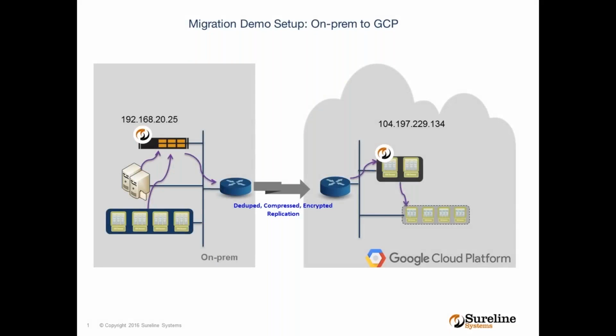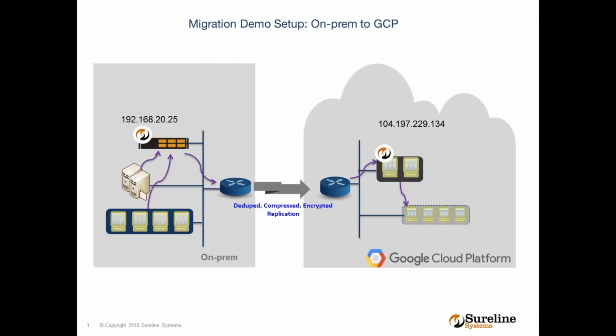So I'll be covering the Sure Edge Migrator demo. The slide that you are seeing basically talks about how Sure Edge Migrator is deployed in a certain environment. On the left-hand side, you see the Sure Edge instance running in your on-prem hypervisor.